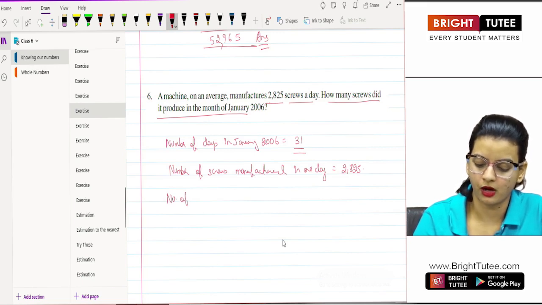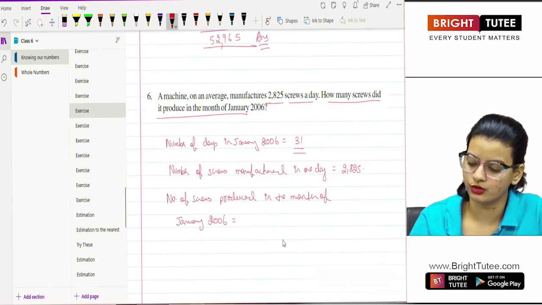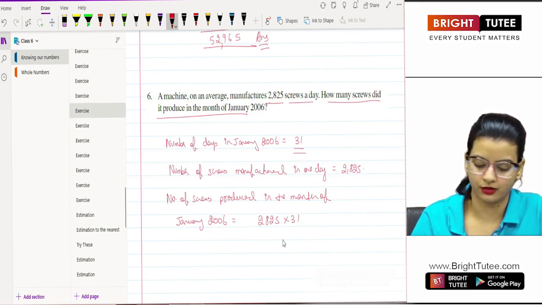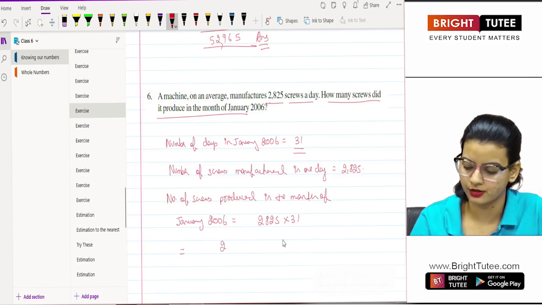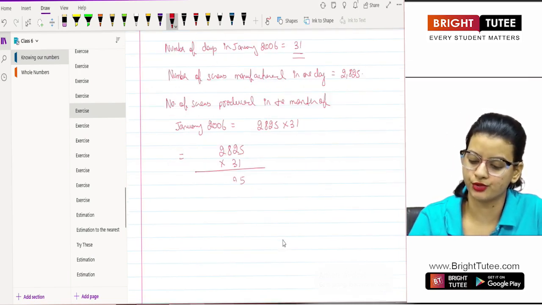So the number of screws produced in the month of January 2006 is equal to 2,825 into 31. Let's calculate this. 2,825 into 31. 1 into 5 is 5, 1 into 2 is 2, 1 into 8 is 8, and 1 into 2 is 2.